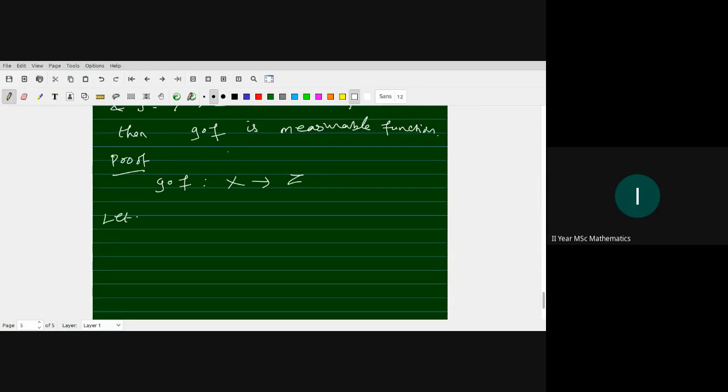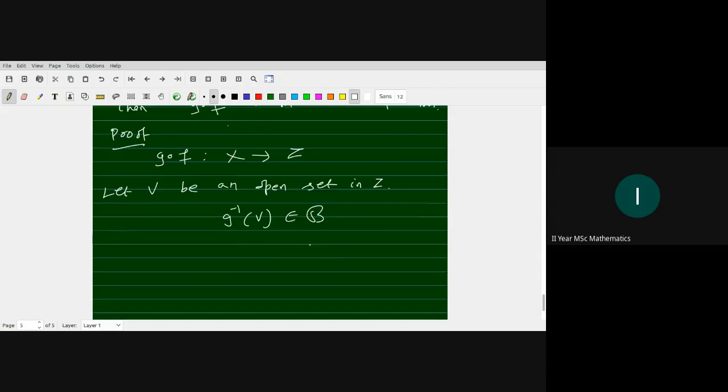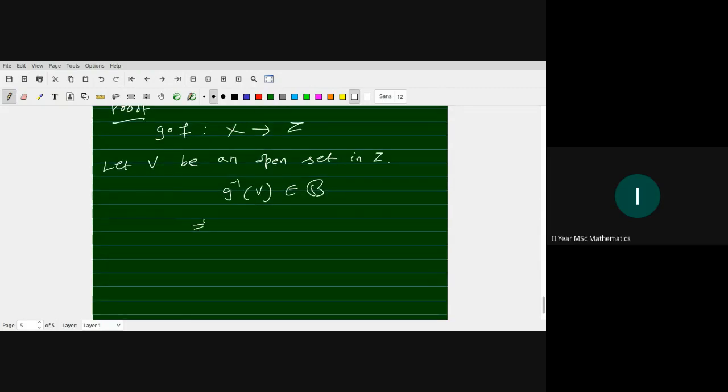Let us take an open set V in Z. Then g inverse of V is a Borel set. Then Borel sets can be written as a union of Bn, where Bn belongs to tau or Bn complement belongs to tau.